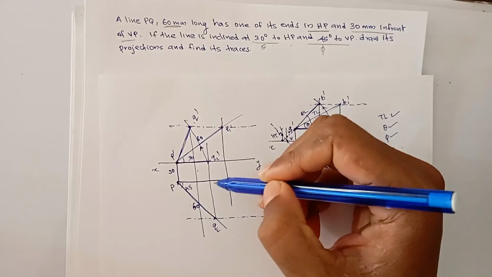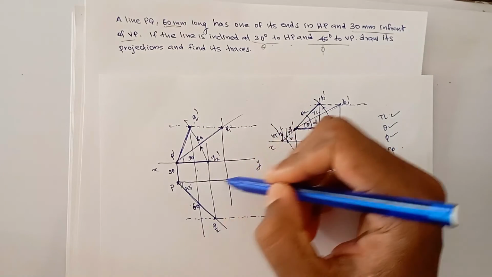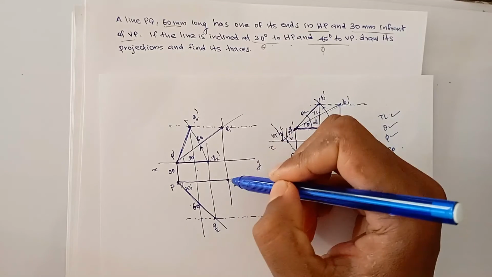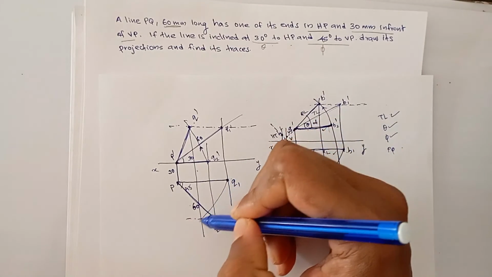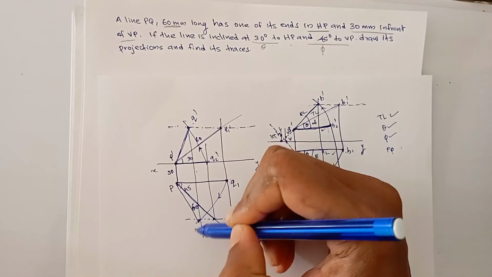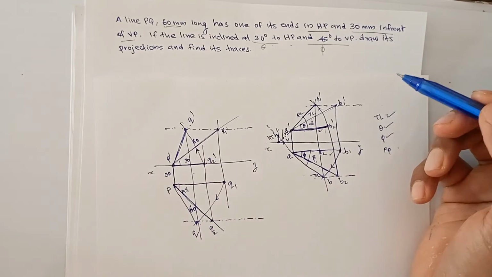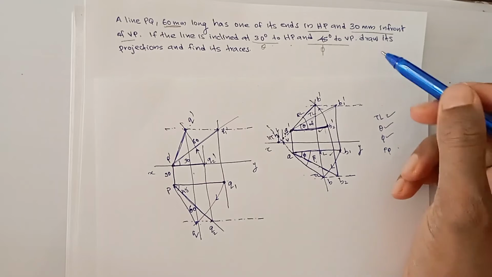And what about the original top view? Just transfer this line from here to this line, take the measurement and transfer. It will meet this point, and this is our Q, PQ. So we got our front view and top view.